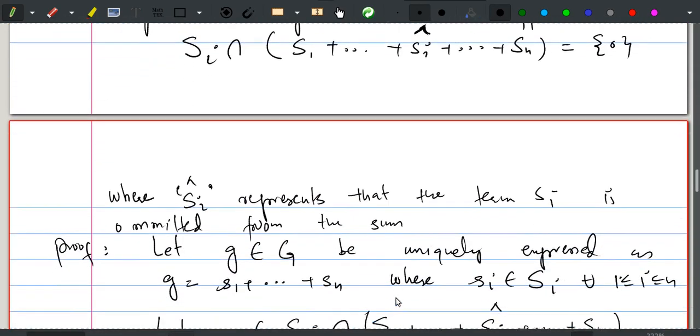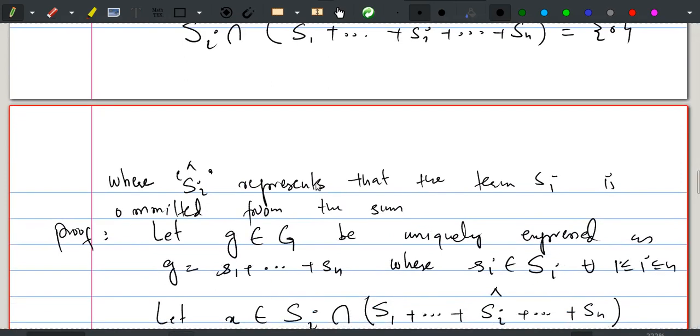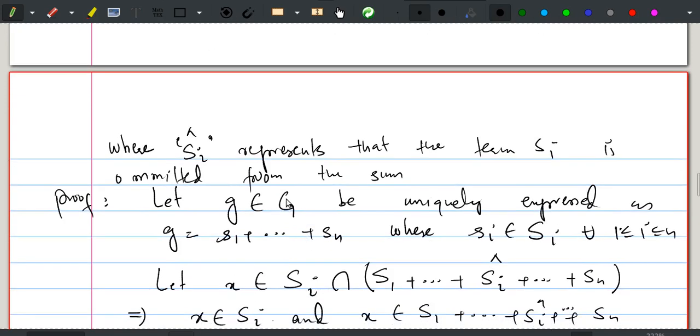Now note that we have assumed that each element G in G can be uniquely expressed as the sum of elements of Si's. In particular 0 is also in G, so 0 can also be expressed uniquely as a sum of elements of Si's.